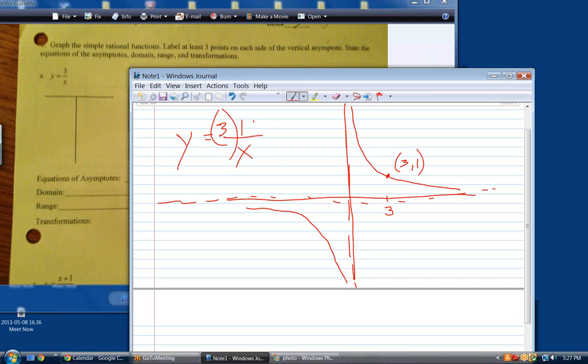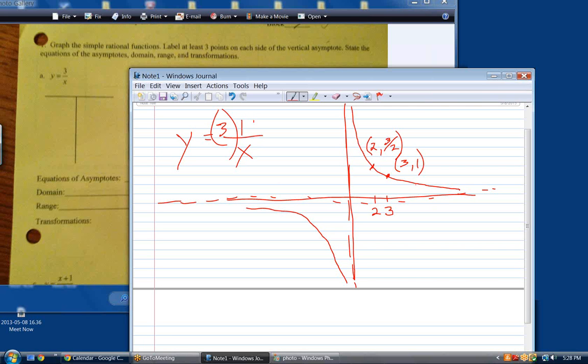If x is 1/2, what is y? In other words, pick numbers that you can do the math on easily. If x is 2, what is y? What is y if x is 2? It is 3/2. Now pick another number for x and tell me what y is.